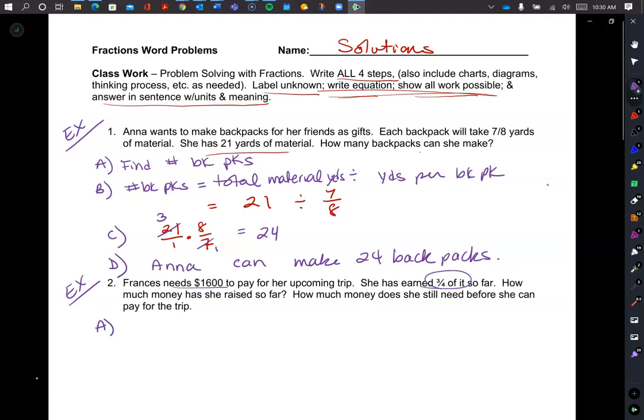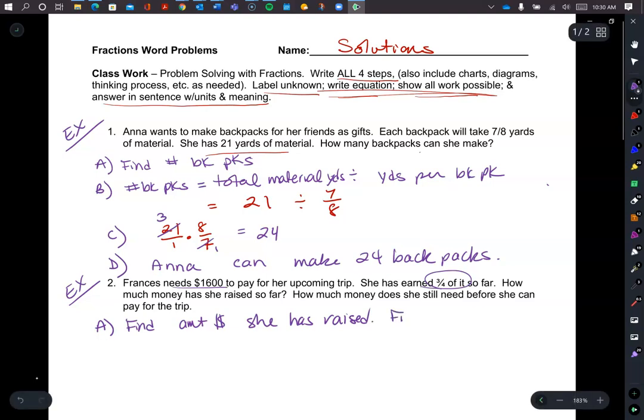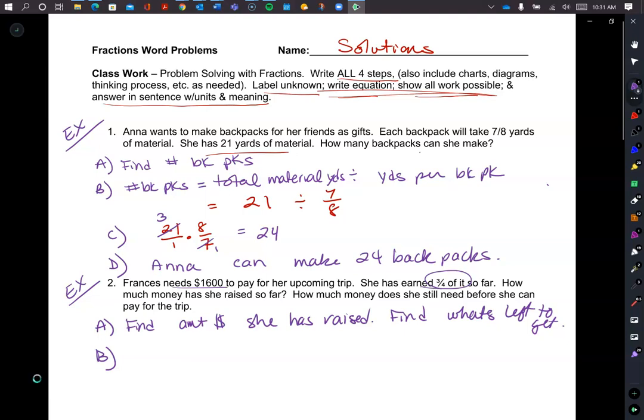So we have two different things happening. First step would be find amount of money she has raised. Then once you get that, you can figure out what's left. Find what's left to get. Okay. And for the number sentence part of it, whenever we have a piece of something, we want to multiply.